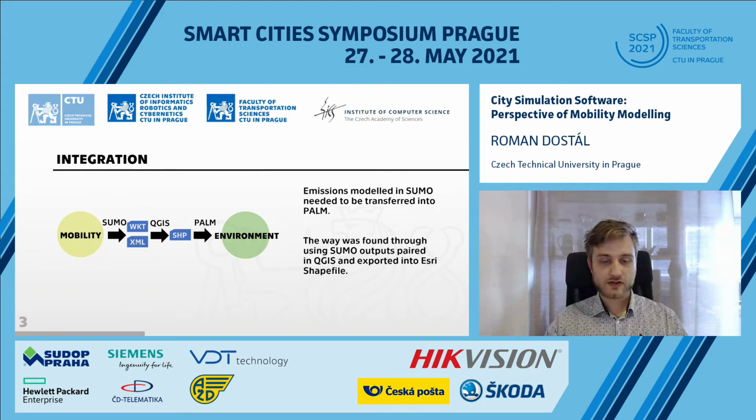In QGIS, and this can be done in any other GIS-compatible software, these 2 outputs, the well-known text and the XML, were paired for each scenario, and then exported in shapefile, and it can be any other format that is then integratable and compatible with the environmental modeling, which was done in PALM. Next slide, please.